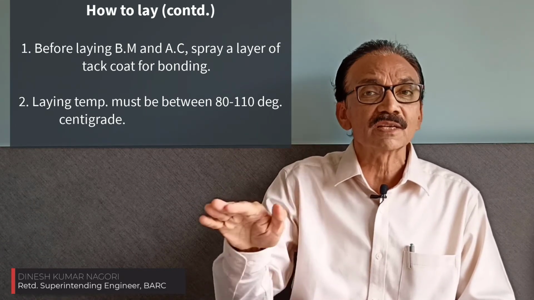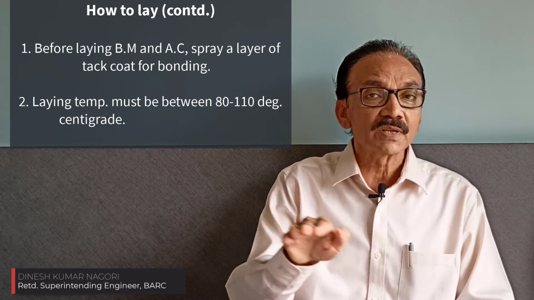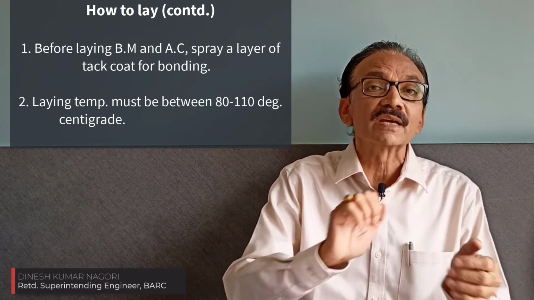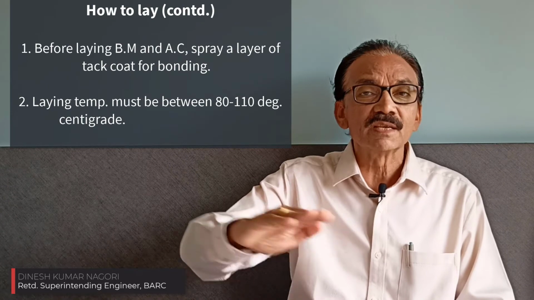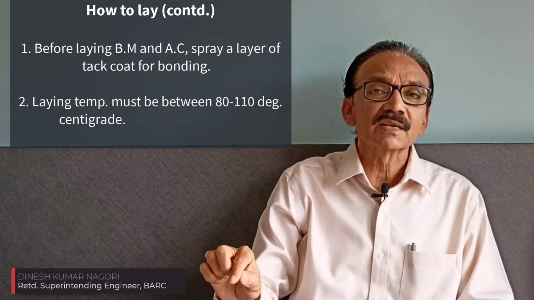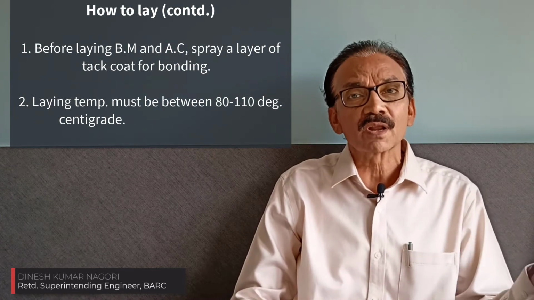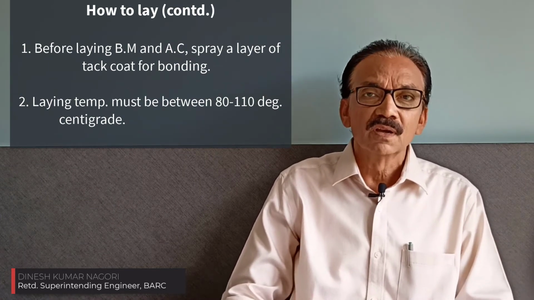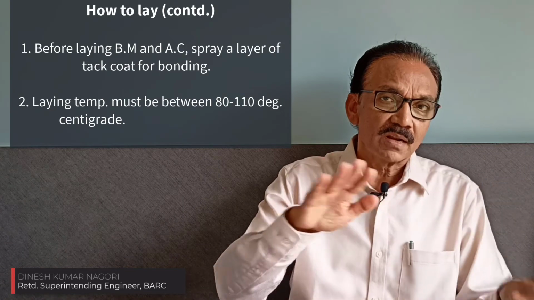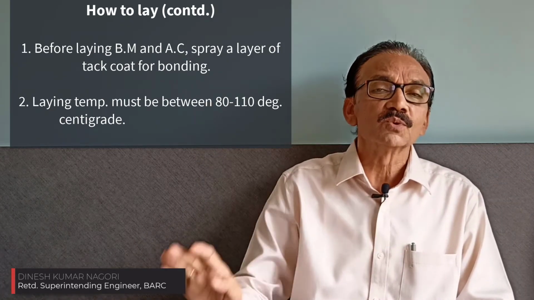It must be done as per the specification or design mix, because that is the most important bonding layer. After that you lay the BM layer depending on the thickness, and roll it properly with an 8 to 10 ton power roller, or even a vibro roller, which we are using nowadays and which is also good. You do the proper camber and proper alignment while rolling.